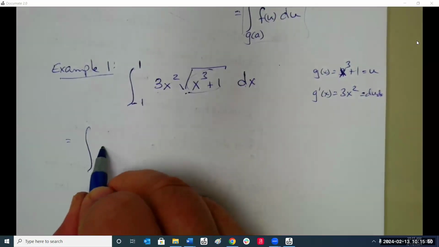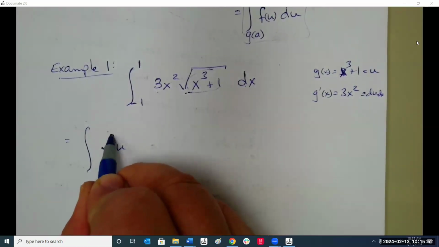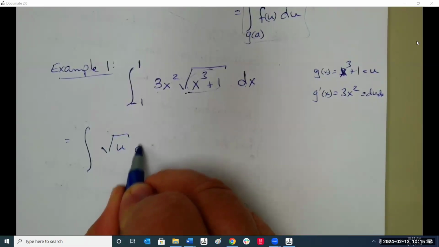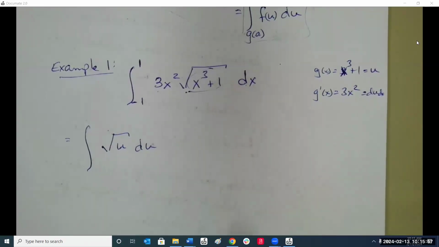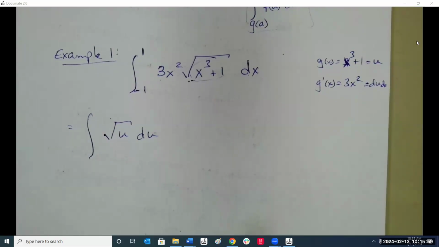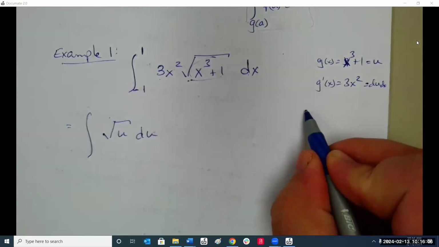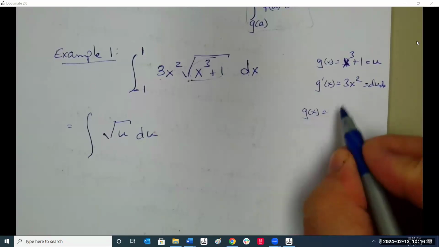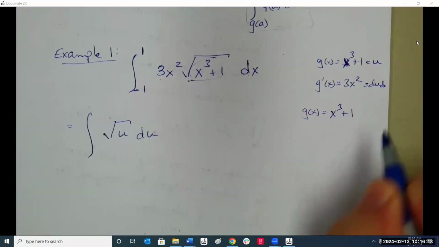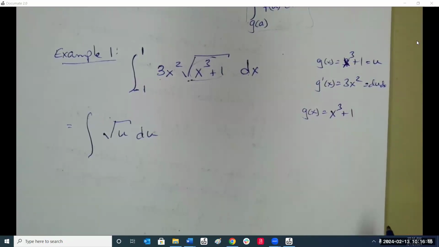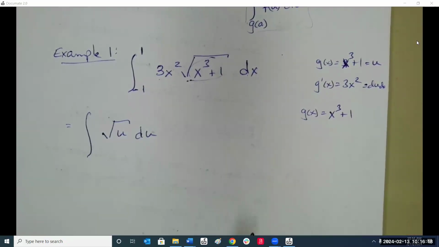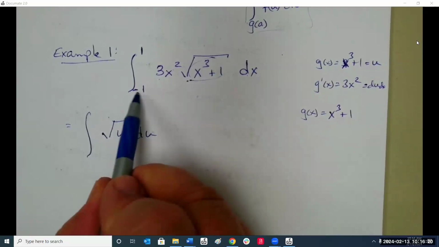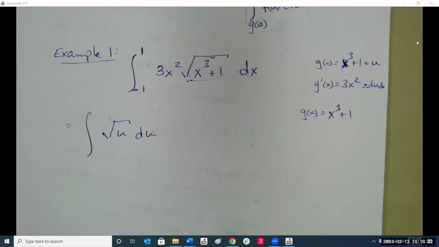So we also have g of x equal to x cubed plus 1. We look at both of these endpoints.